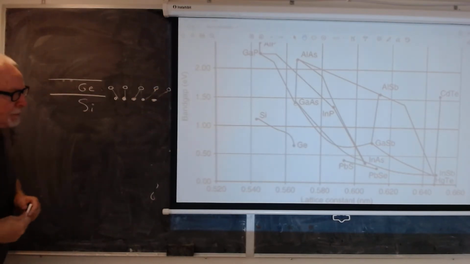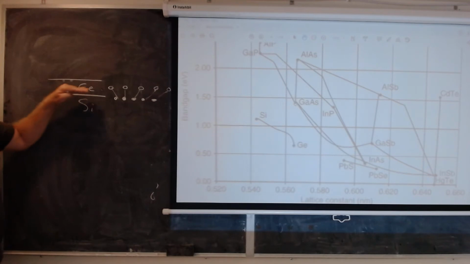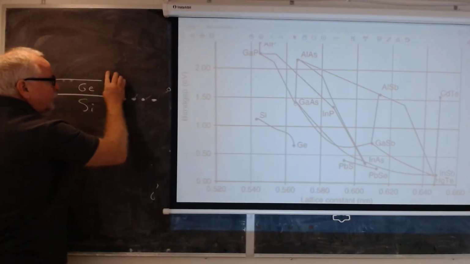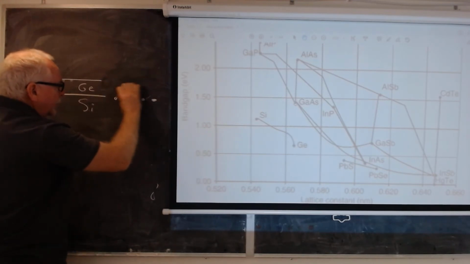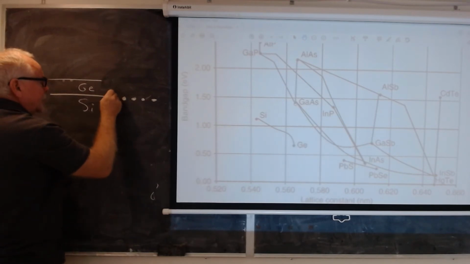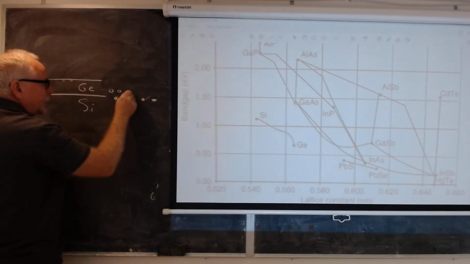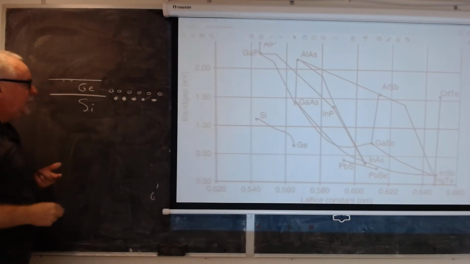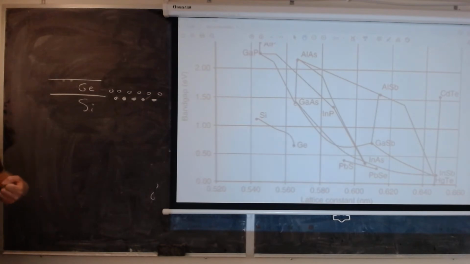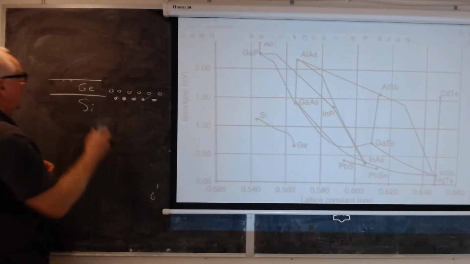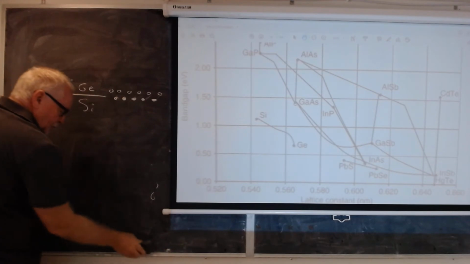And so what happens is that the first few monolayers of germanium that you put down, well, they conform to the lattice. Okay, they're like, we want to be spread apart more because we have a bigger lattice constant, but we'll go ahead and make our best effort to try and fit in there in this silicon lattice. And it's being scrunched up. It's really, really unhappy because it wants to have a bigger lattice constant.